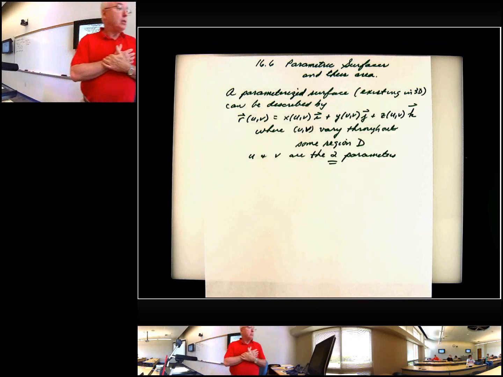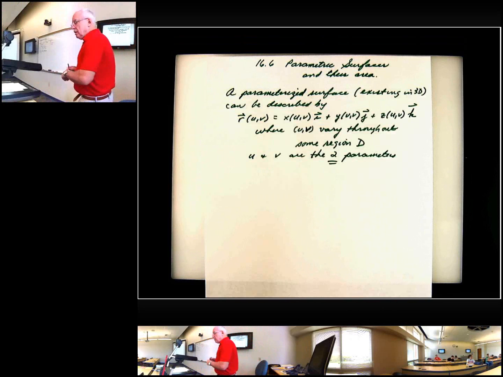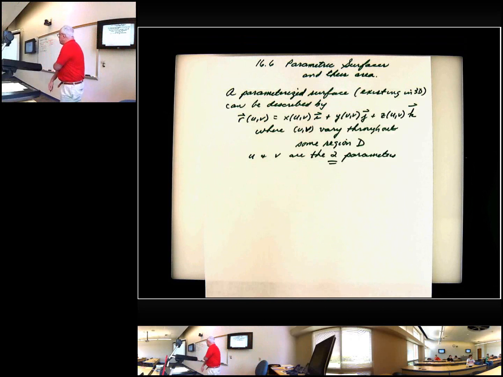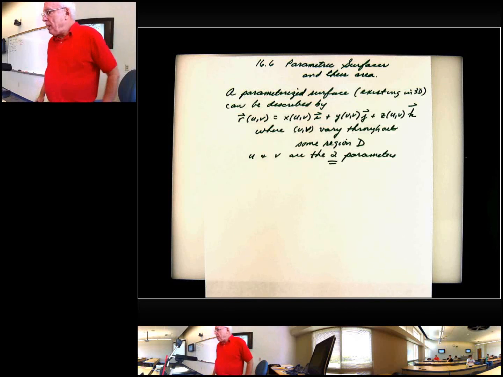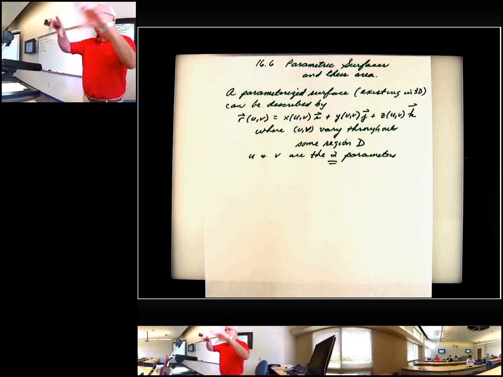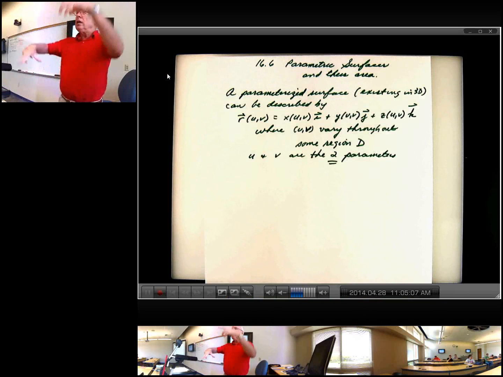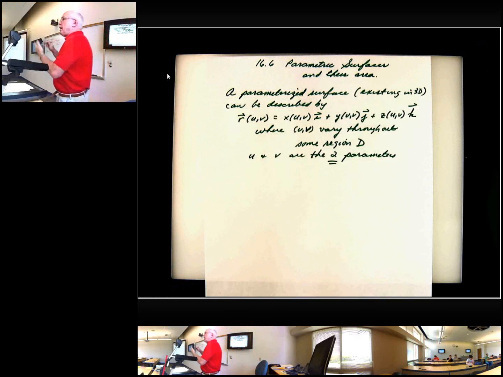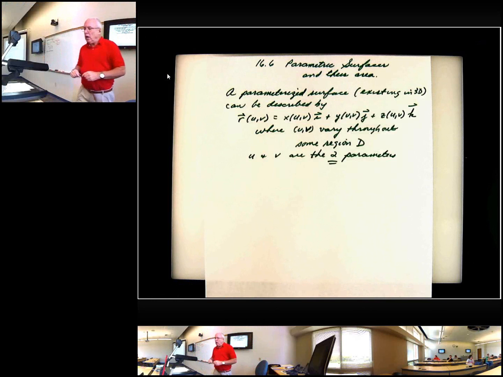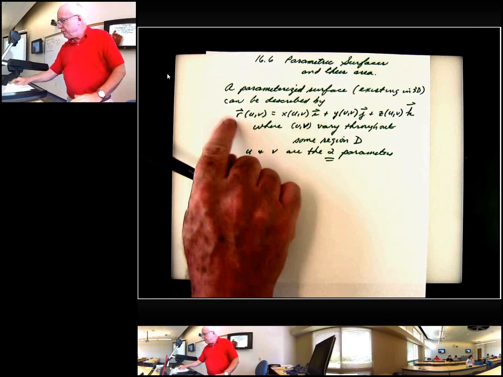All right. So what we just started on a little bit is section 15.6, parametric surfaces and their areas. A parameterized surface, first of all, a surface is something that is two-dimensional, but a two-dimensional thing can be floating around in 3 dimensions. So it can have an x, y, and z coordinate. It can be parameterized like this as a vector function.